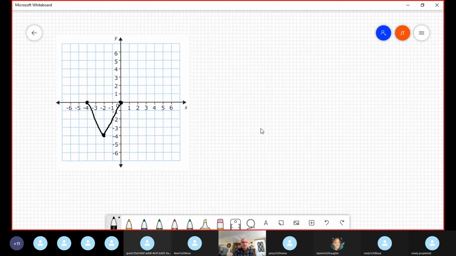And this is my original function. I need to draw the graph of the new one after this transformation: g of negative x, minus 1.